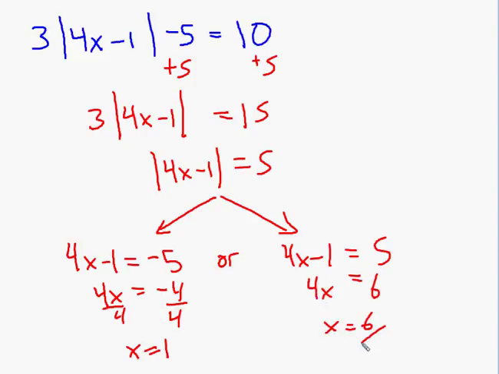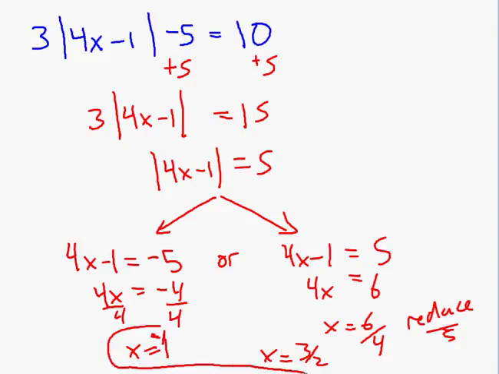Divided by 4. I get 6/4. I need to reduce. Always reduce your fractions. That's 3/2. So I get x equals 3/2 or -1. Yes, -1, because of negative divided by positive. So this is the solution to that.